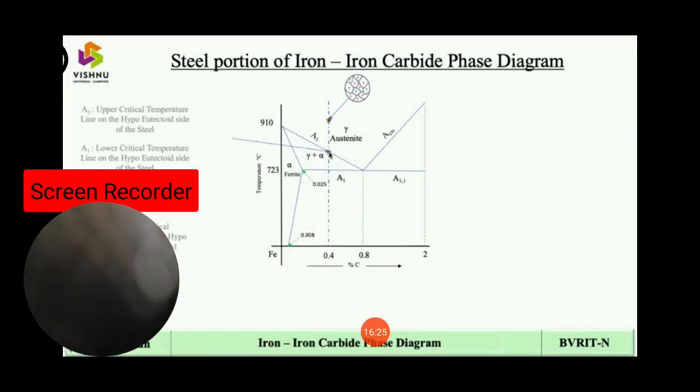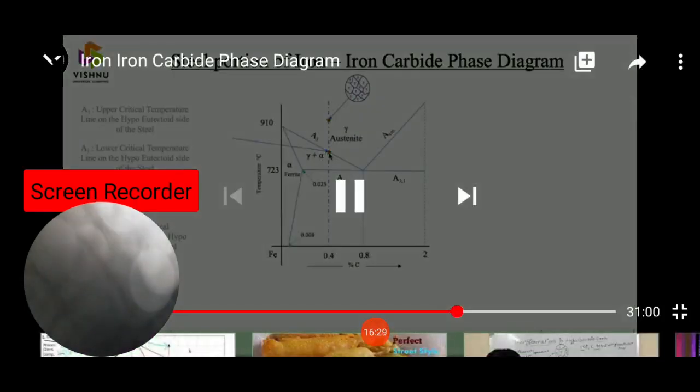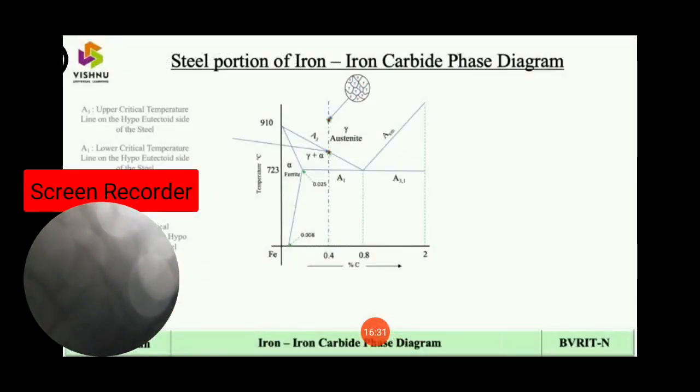At this temperature the transformation is to initiate, from FCC gamma iron to BCC alpha iron, and the allotropic change is beginning at this particular point. So the allotropic change is initiated just below this upper critical temperature line on the hypoeutectoid side of the steel.